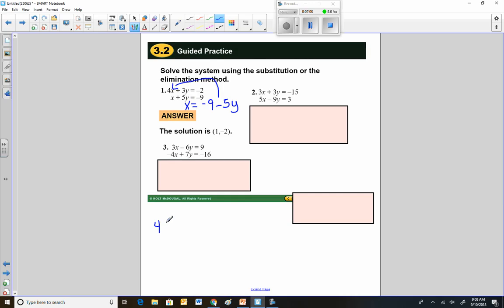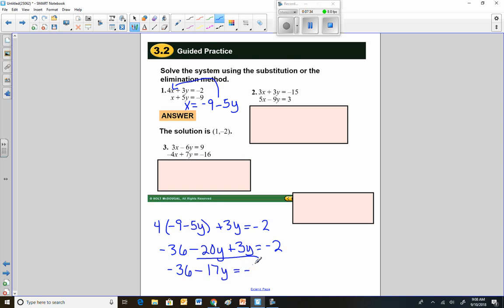Therefore, you would have 4 times negative 9 minus 5y plus 3y equals negative 2, and you get negative 36 minus 20y to distribute it, plus 3y equals negative 2. We put these two terms together, negative 36 minus 17y equals negative 2.